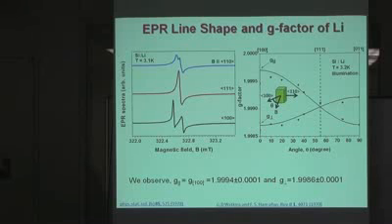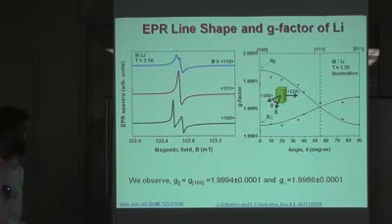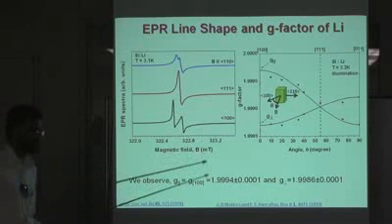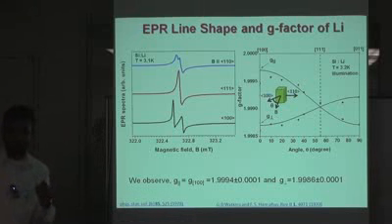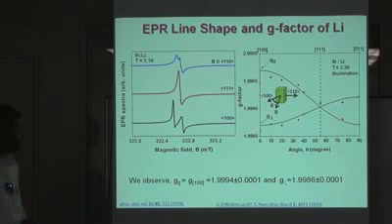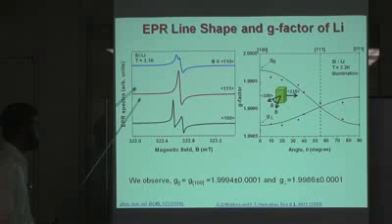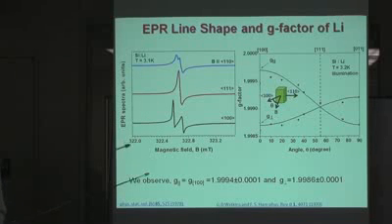EPR line shape and g-factor of lithium. I have a very interesting result. Feher was the first person who tried to detect isolated lithium in floating zone silicon, but he didn't observe it, but Watkins observed it under stress conditions. In my sample, I observed isolated lithium without external stress.